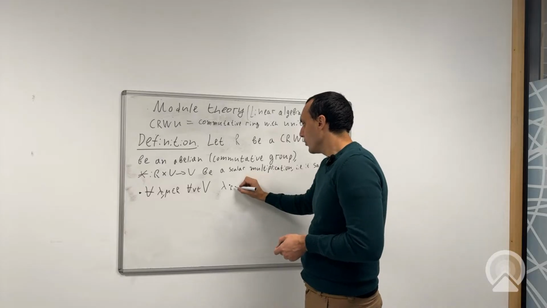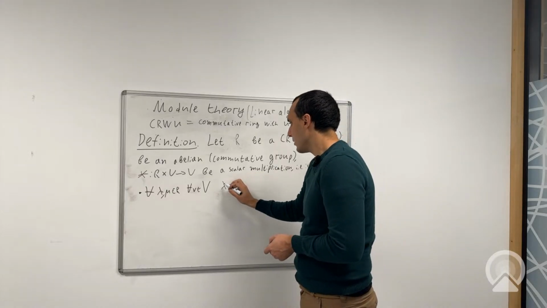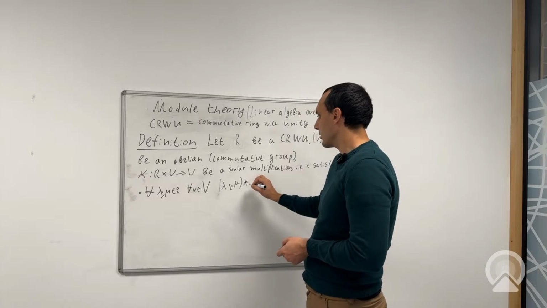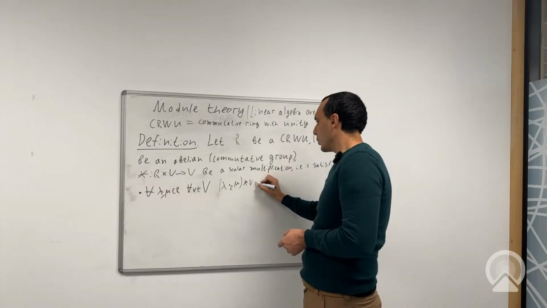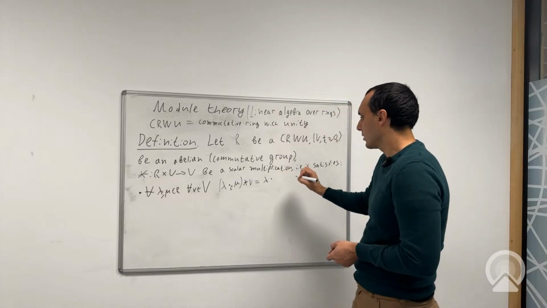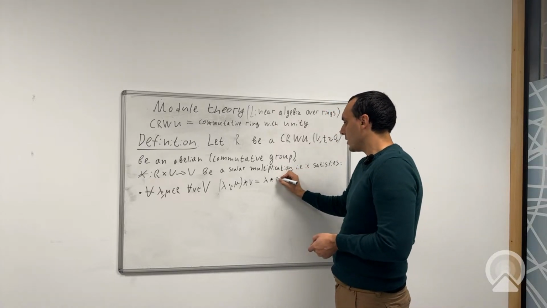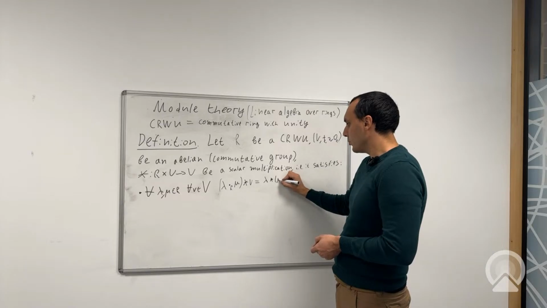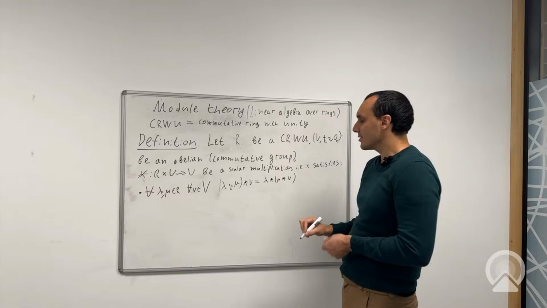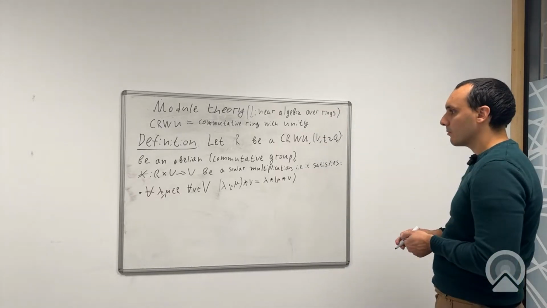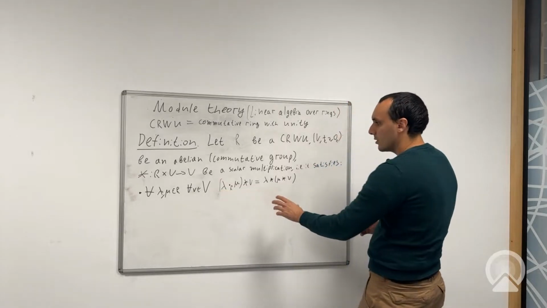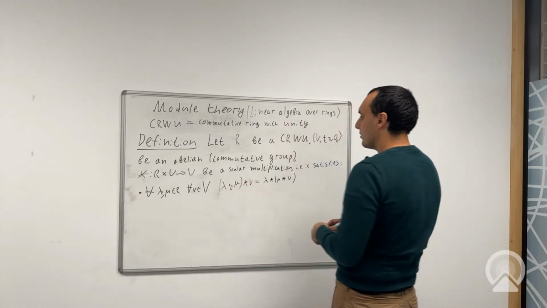So when we multiply two elements of R and then do a scalar multiplication with V, we get lambda times the scalar multiplication of mu with V. So in some sense, we can remove brackets when we have multiplication of numbers and then of vectors.